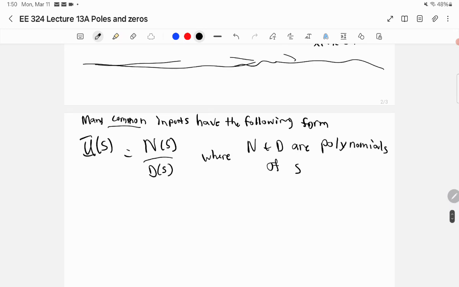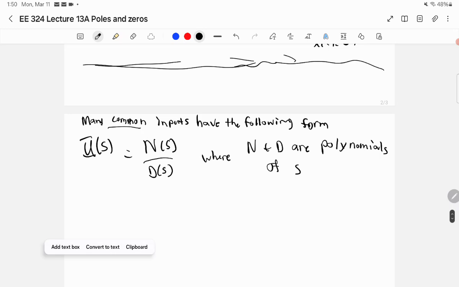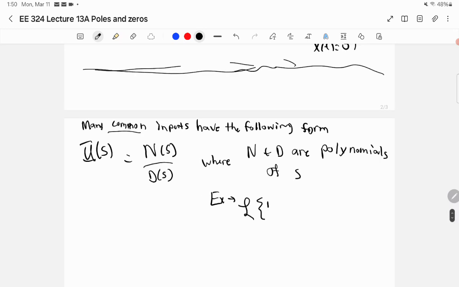For instance, let's say the Laplace transform of 1 is equal to 1 over s, which is a ratio of polynomials. 1 can be thought of as a polynomial, and s can be thought of as a polynomial, right?